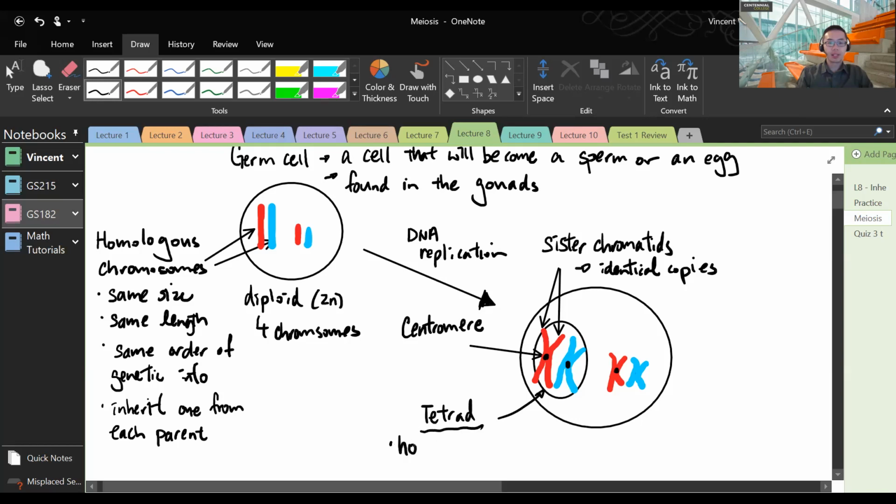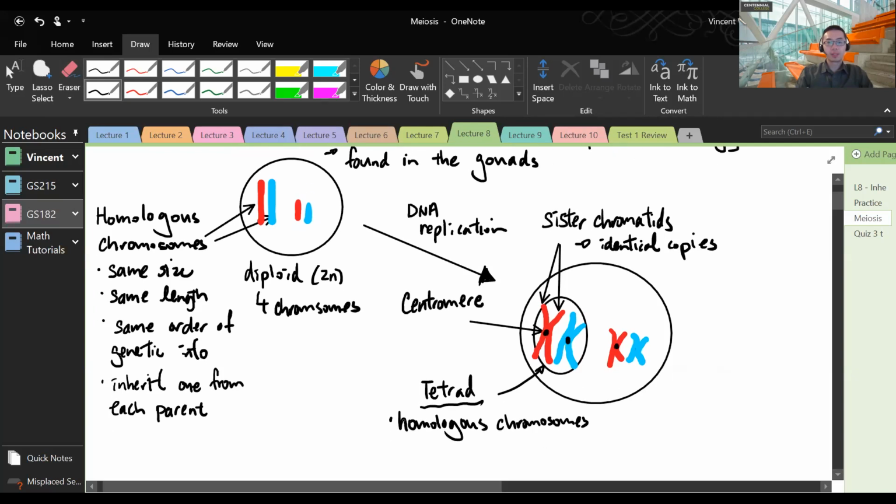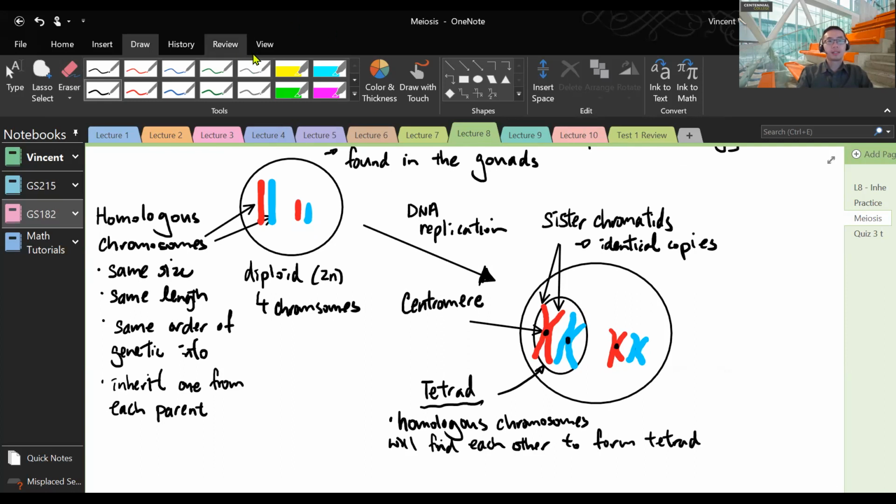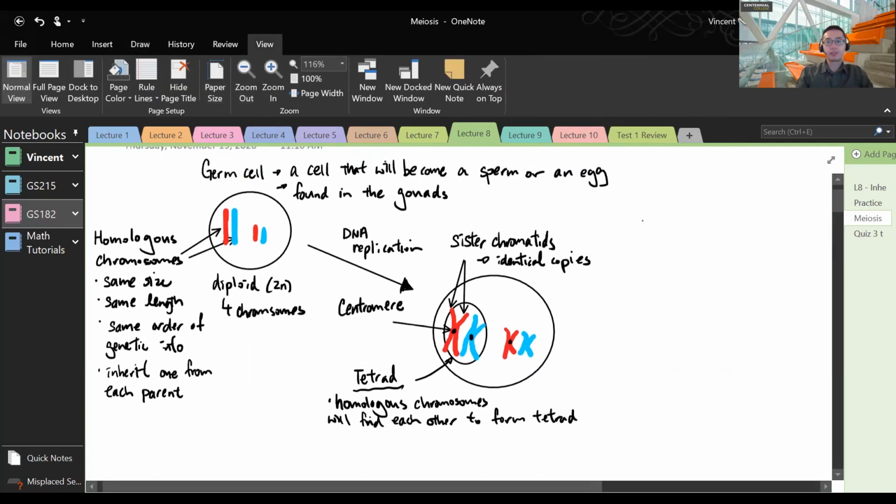So homologous chromosome pairs will find each other to form a tetrad.